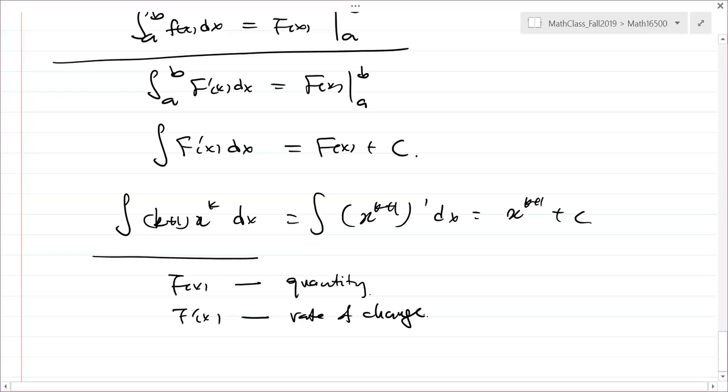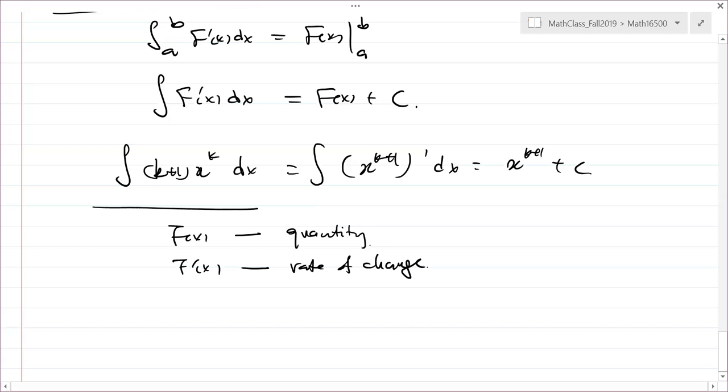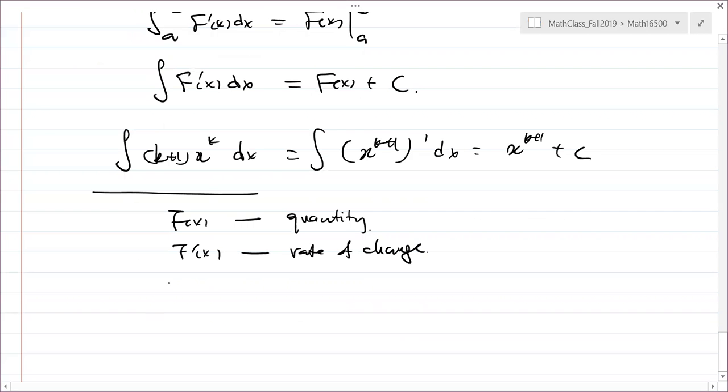If we integrate the rate of change, we get f of b minus f of a. That is called the net change.